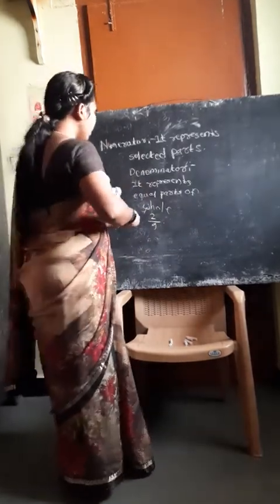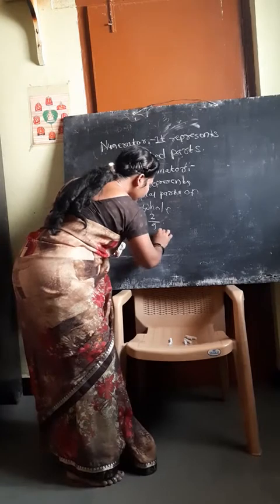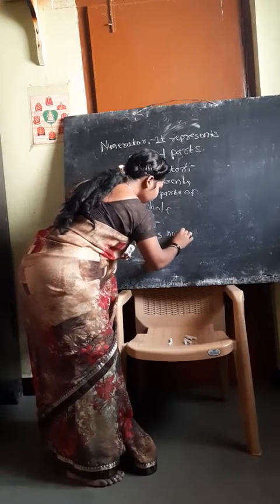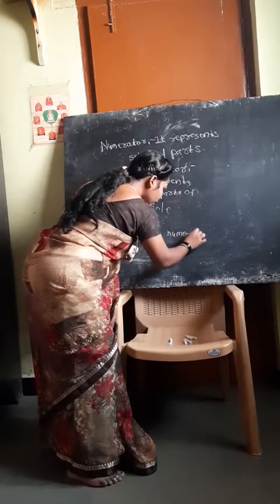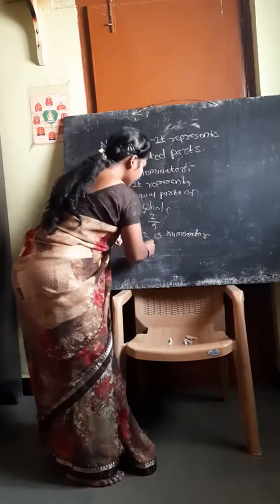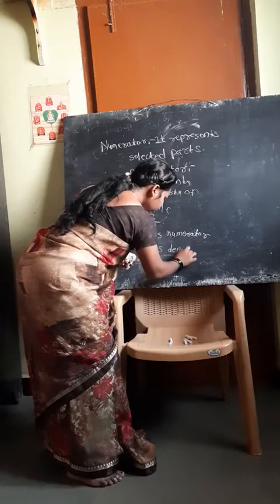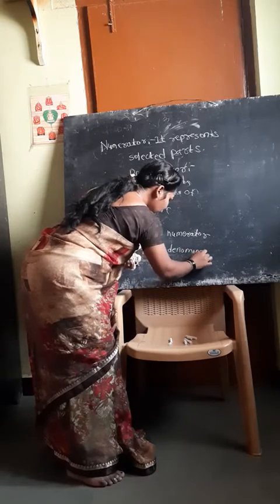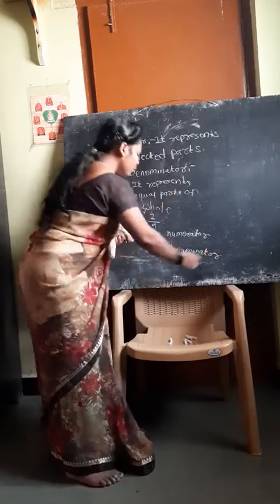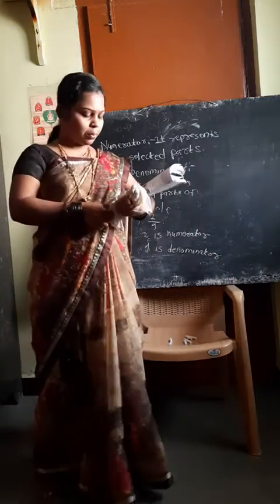In this example, 2 is the numerator and 9 is the denominator.